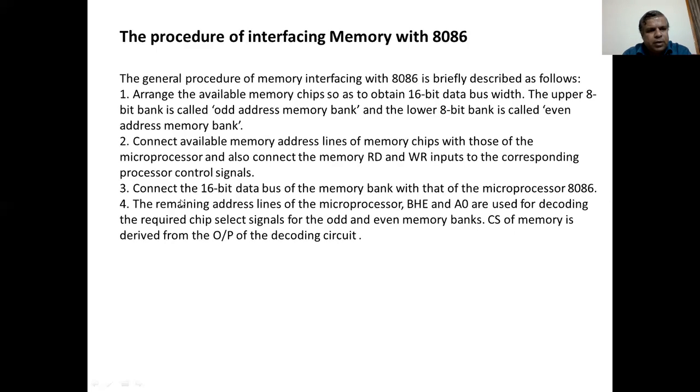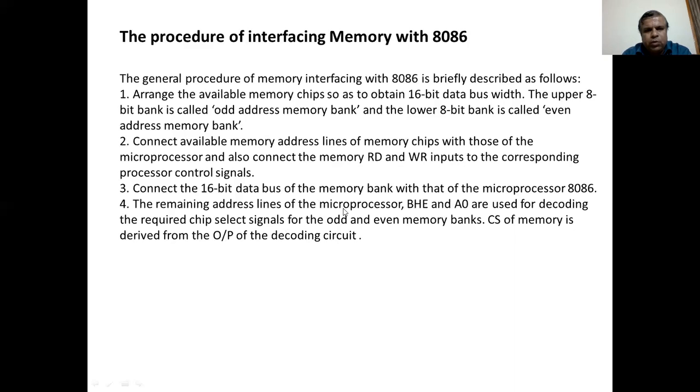The fourth step concerns the remaining address lines of the microprocessor, because there will be a mismatch between the address lines of the memory device and the 8086 microprocessor. So the extra address lines of the microprocessor, then BHE bar, the bus high enable, and the A0 address bit are used for decoding the required chip select signals for the odd and even memory banks.